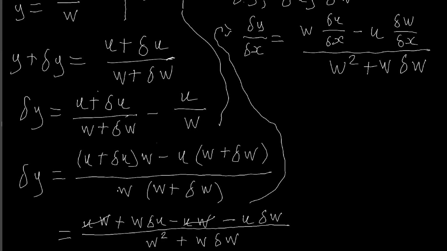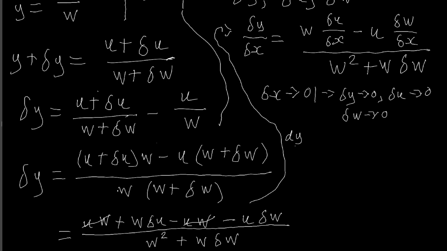Now, we want to consider what happens when delta x goes to 0. As delta x approaches 0, we know that delta y will approach 0, delta u will approach 0, and delta w will approach 0. From the first principles of differentiation, we understand that this means delta y divided by delta x is going to approach the derivative of y with respect to x.